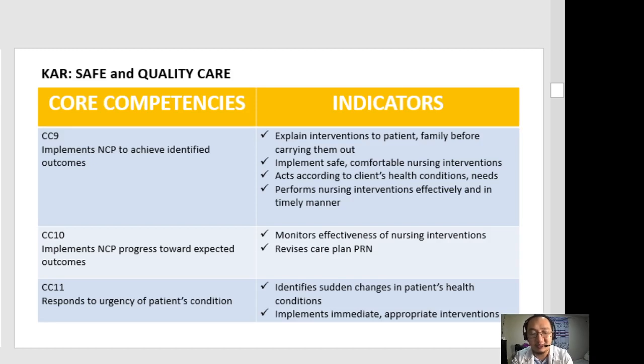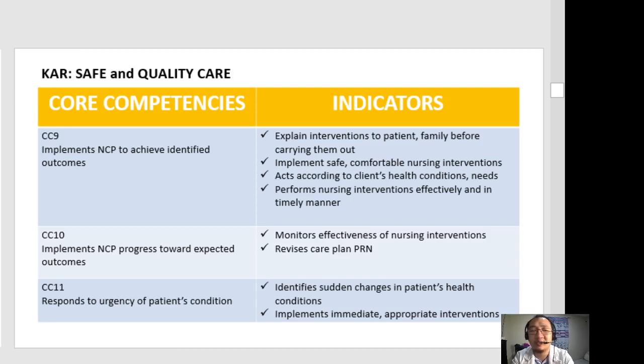Just like in my previous example, fever, that means high temperature. Maybe you give a sponge bath, you give healthy changes like increasing fluid intake, changing clothes into lighter ones, and so on. Then how will you know? Get the temperature again. That's how you monitor the effectiveness.